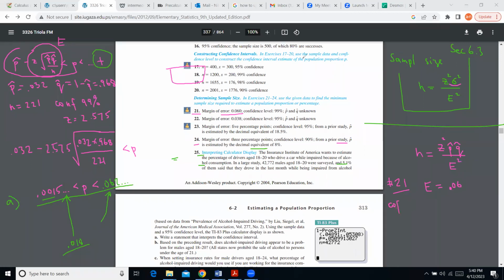Then the confidence is 99%. So we right away know they're talking about z-score, right? And we just utilized this in a previous exercise as well. The z was 2.575. You still remember where it came from? Let me double check.